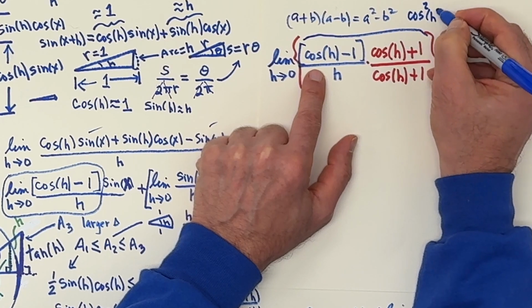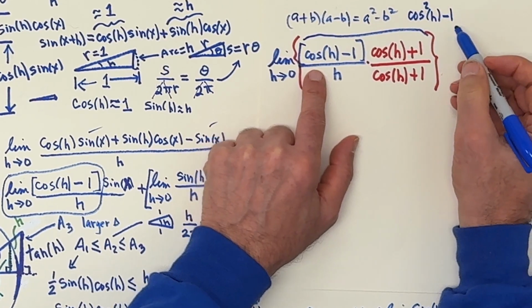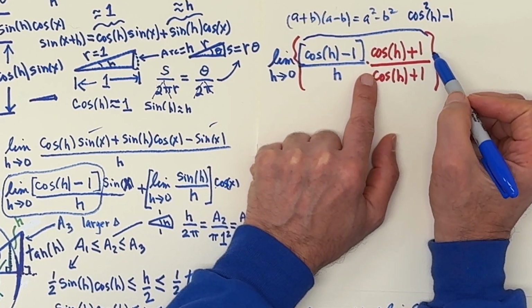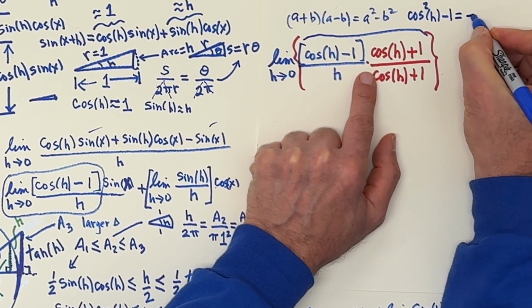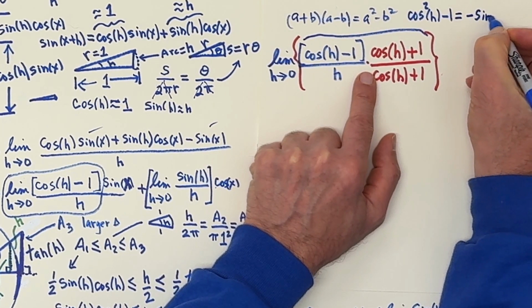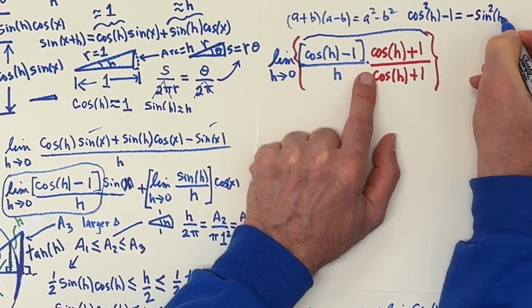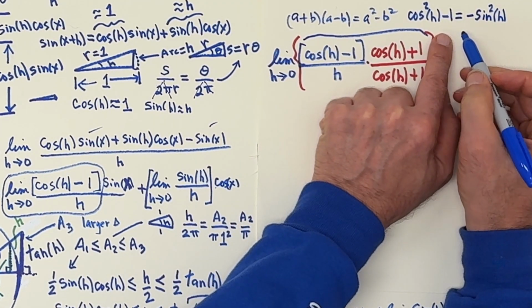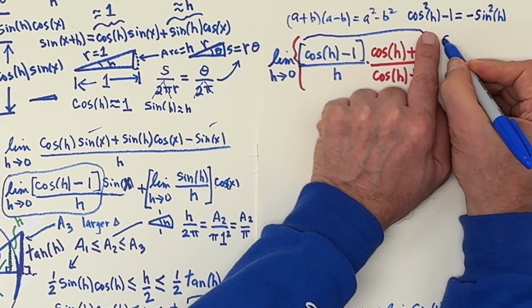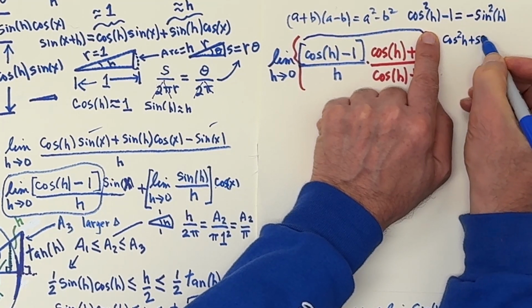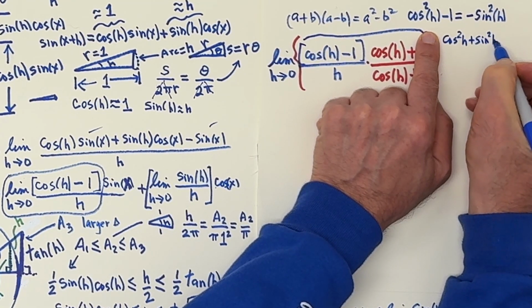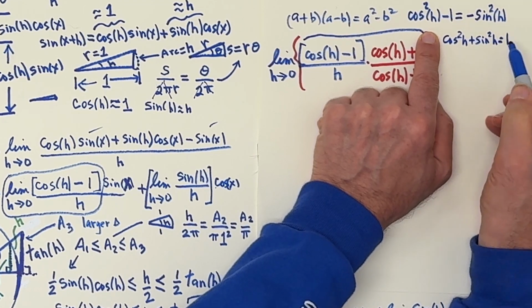Cosine squared of h minus 1, all in the numerator, that's simply minus the sine squared of h. Because remember, cosine squared of h plus sine squared of h is equal to 1.